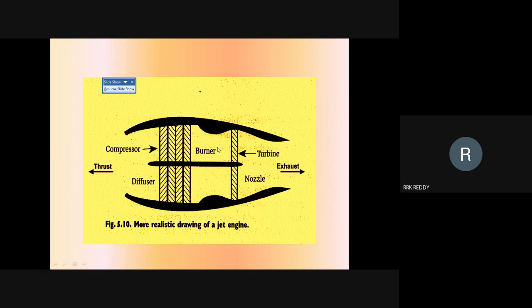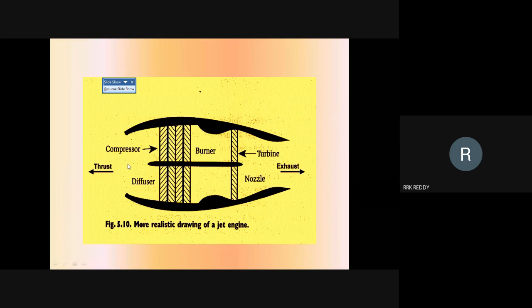Those gases are passed over the rotor of the gas turbine and produce work, and this work is transferred to the compressor. The gases are then passed through the nozzle where further expansion takes place, that means conversion of heat energy into kinetic energy, so a jet with high velocity is exhausted from the aeroplane.